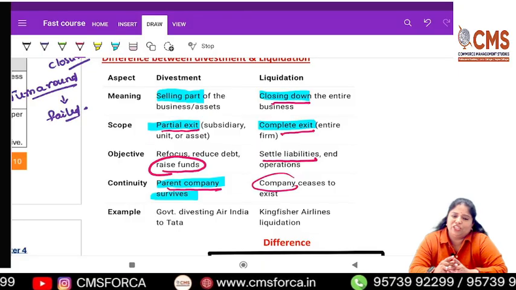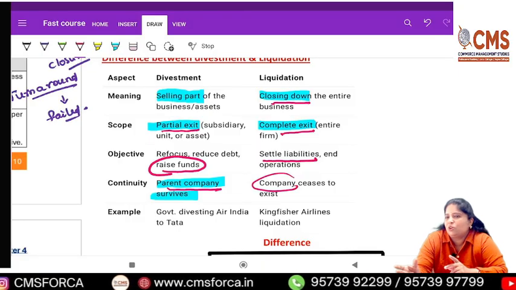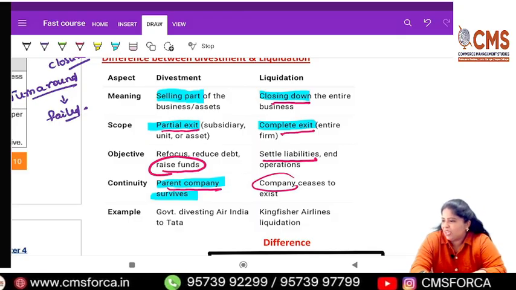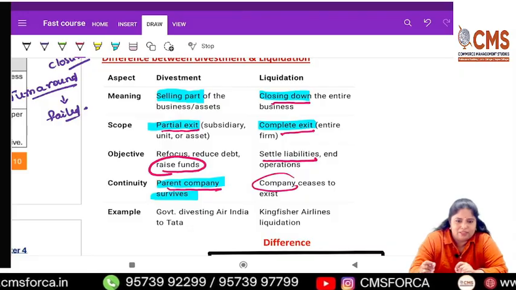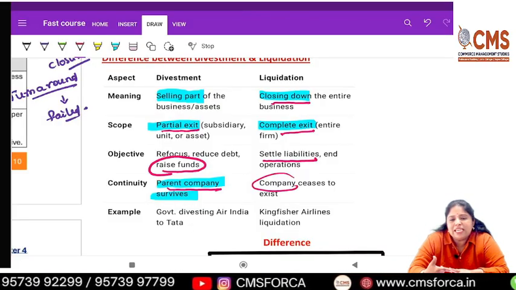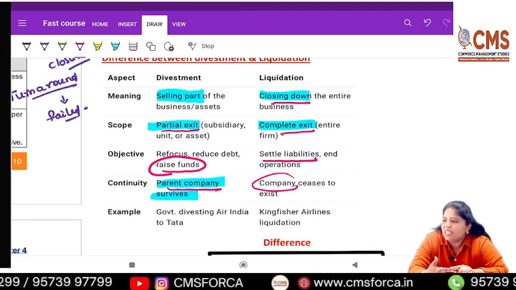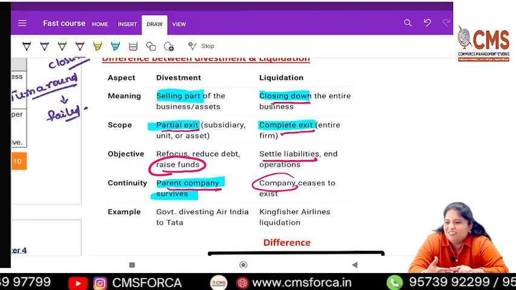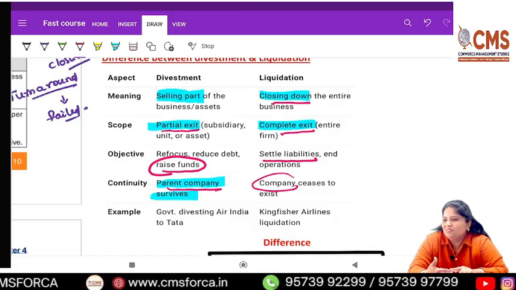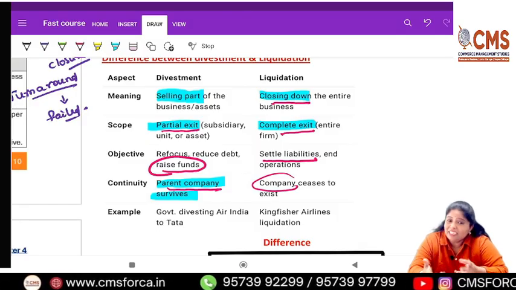For related and unrelated diversification, I'll have some key points to discuss about both of them. Once I'm done with revising this, I will focus on that. So related and unrelated diversification. Concentric diversification comes in. Related, fine.